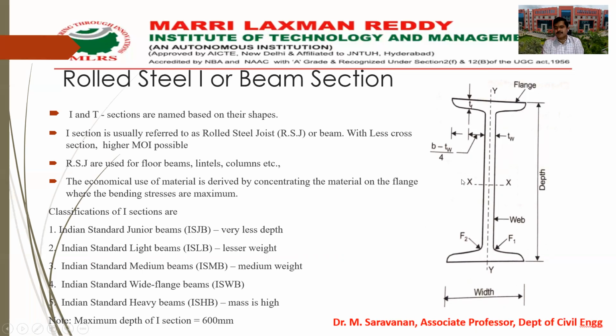maximum. So in strength of material also we studied bending stress: sigma by M by I is equal to sigma by Y is equal to E by R. So M by I is equal to sigma by Y. So M is equal to sigma by Y into I. So when the depth is increased, usually the bending stress at the neutral axis will be 0, right?